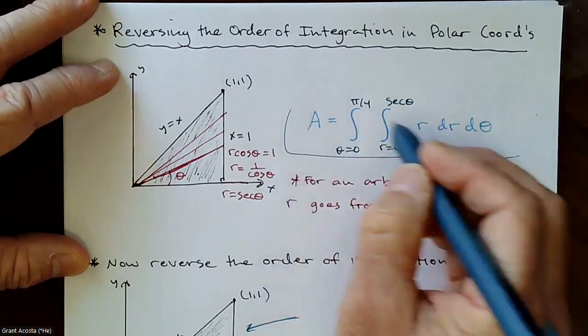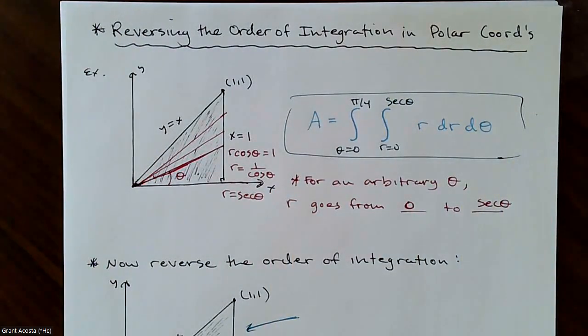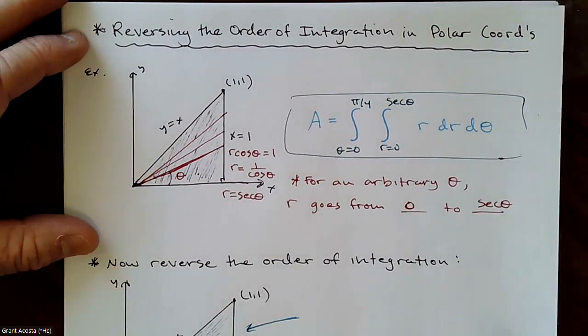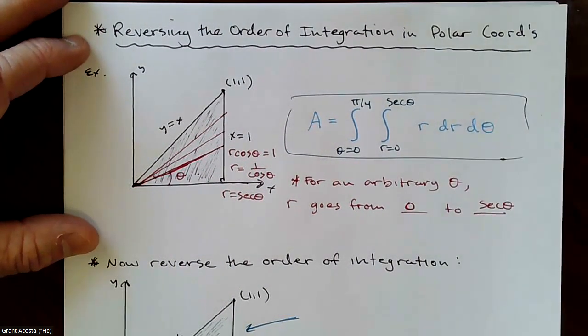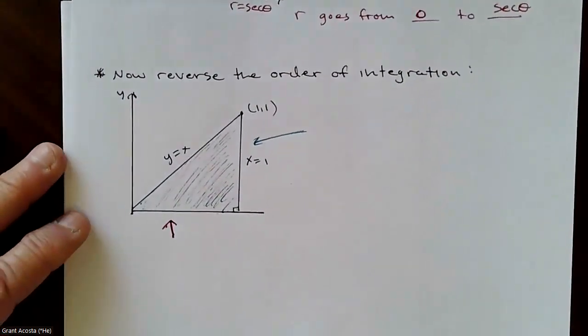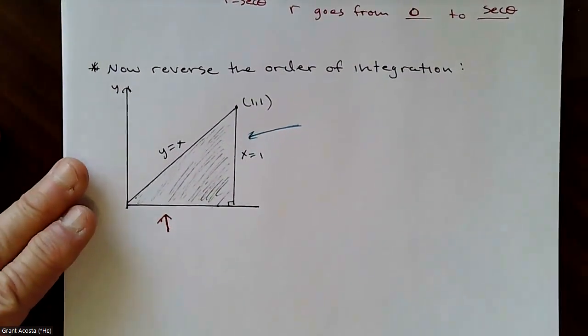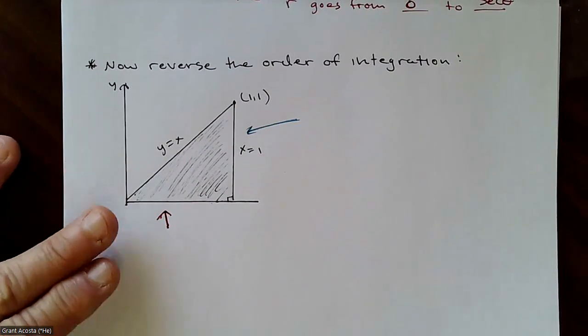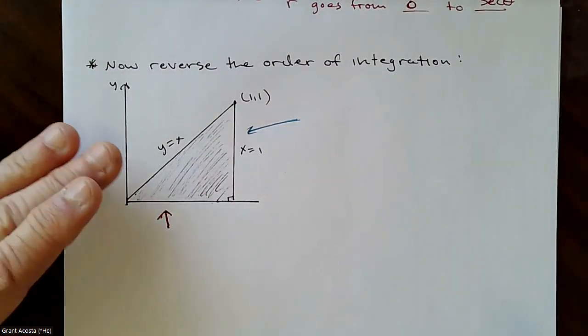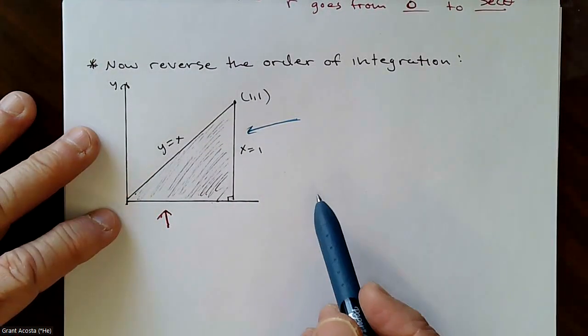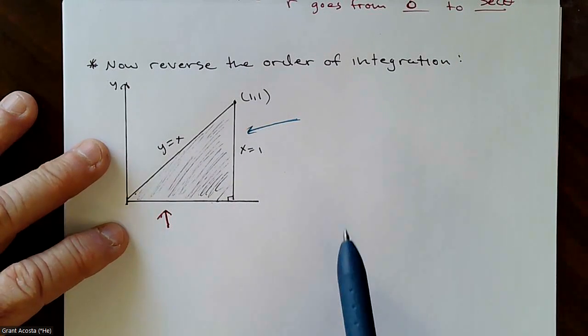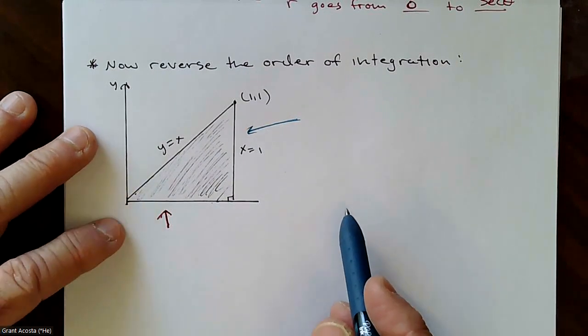That would be how you would set up the integral in the usual orientation, which is dr first and then d theta. But how would I describe this same region if I reverse the order of integration? We want to do this as d theta first, and then r second.